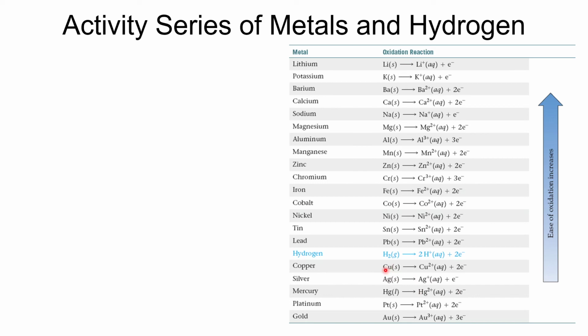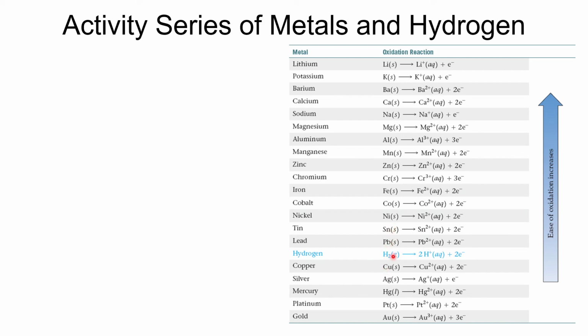However, if it's exposed to the elements, it'll eventually get that green patina, kind of like the Statue of Liberty has that green color to it. That's copper carbonate that is on the surface of the Statue of Liberty. When the Statue of Liberty was first made, it would have been shiny. Wouldn't that have been cool to see? I wish I could go back in time and see that.